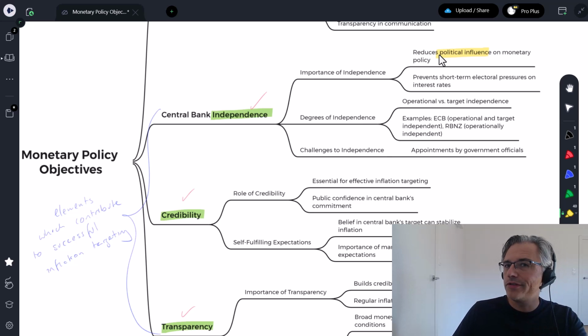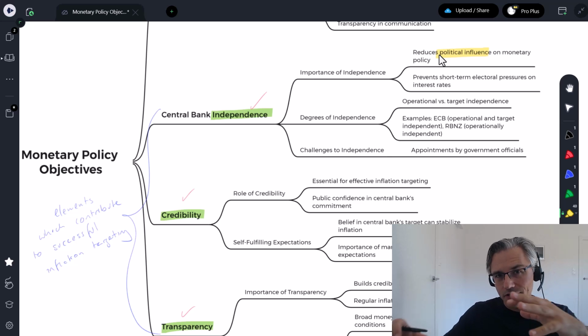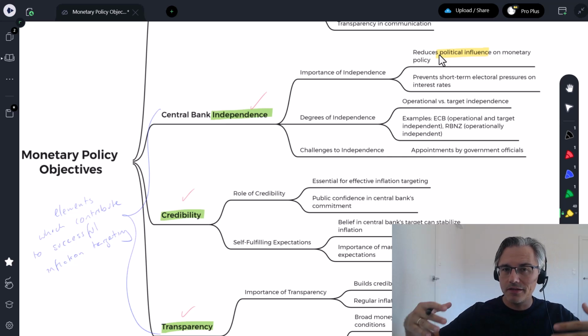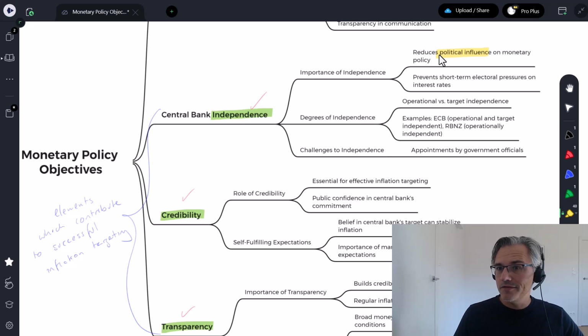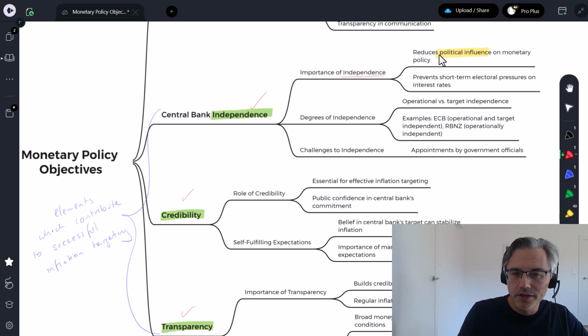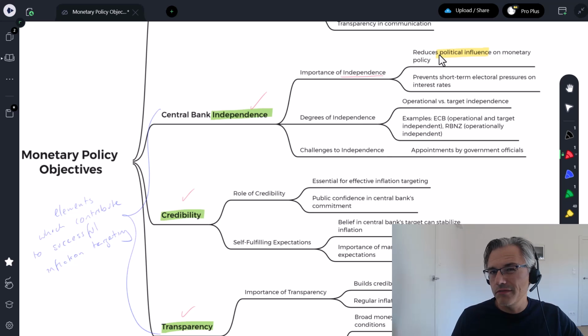But reducing interest rates isn't necessarily the best idea when you've got high inflation, or if you've got the economy running at maximum capacity, and the thing you should be doing is actually cooling the economy down rather than loosening monetary policy and exacerbating, for example, the bubble in asset prices. So making the central bank independent of government and therefore of political influence is quite important for inflation targeting to be successful.